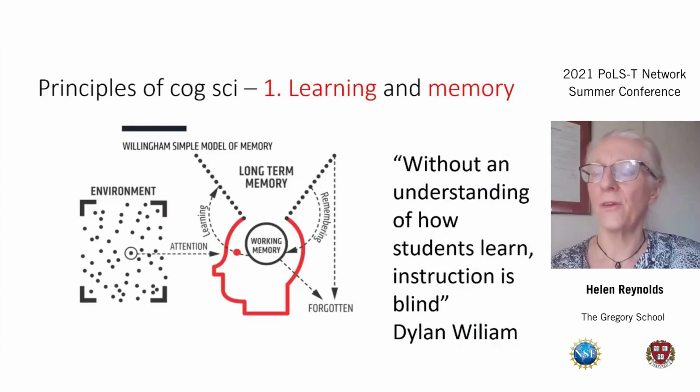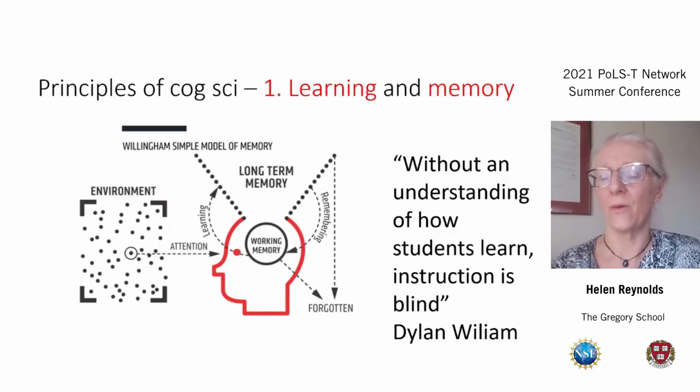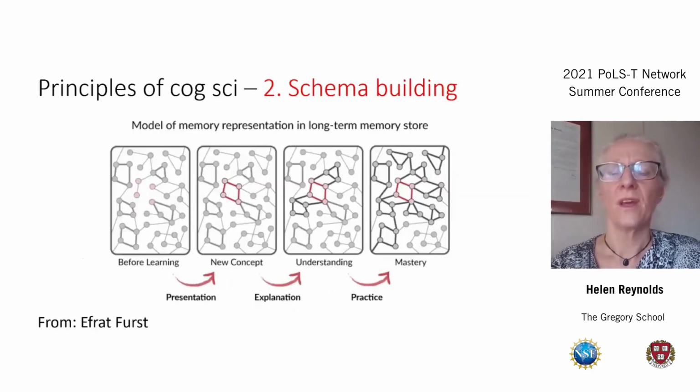This is from Dylan Wiliam, who, if you remember the ideas about formative assessment, wrote a paper with Paul Black, I think in 1998, about formative assessment called Inside the Black Box. I think this is just really interesting to have in the back of one's mind, that otherwise it's kind of like a fishing expedition if we don't know how learning works.